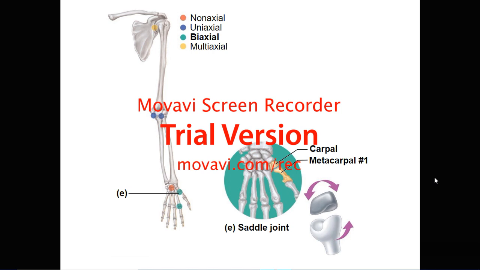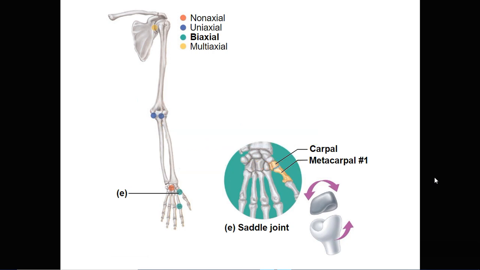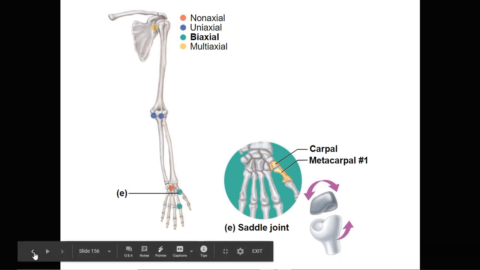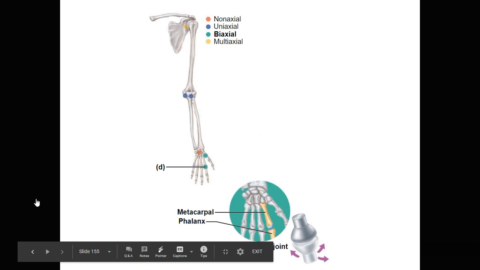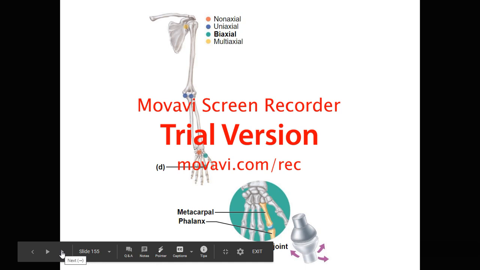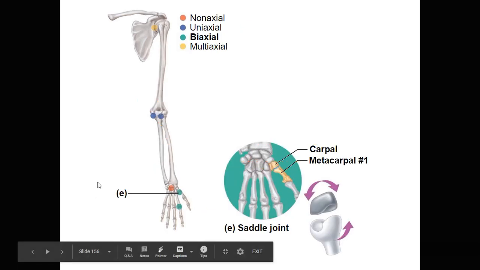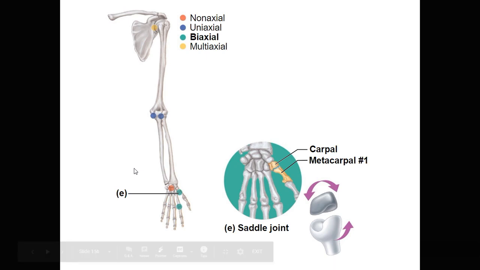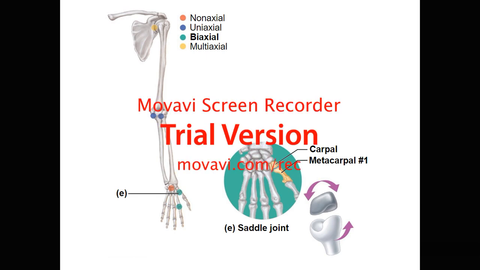And for the condylar joint, the metacarpophalangeal joint that we went through in the previous slide, again, the two movements are flexion and extension, adduction and abduction. And in this saddle joint of the thumb, you have flexion and extension, adduction and abduction. Those are the two movements.